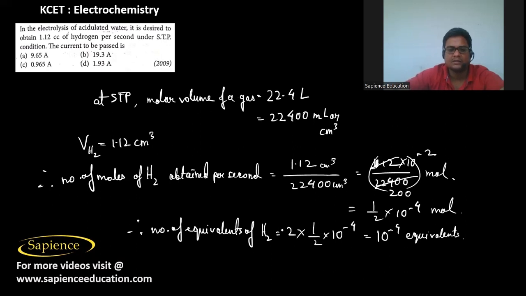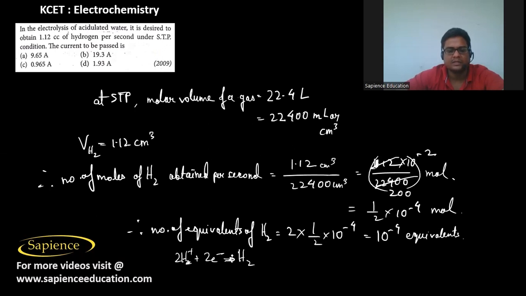As we know, the valency factor for hydrogen is 2 for H2, since 2 H plus ions will gain 2 electrons to form one molecule of H2.